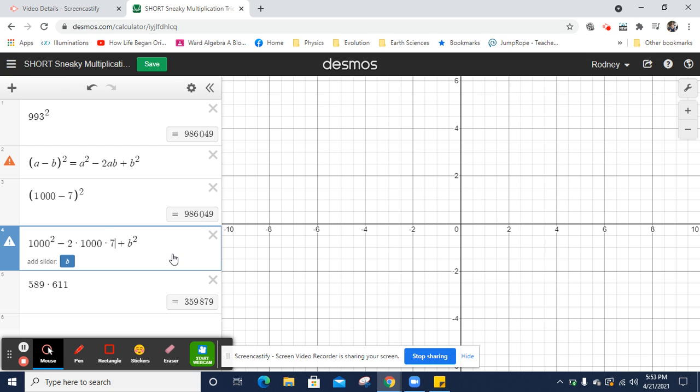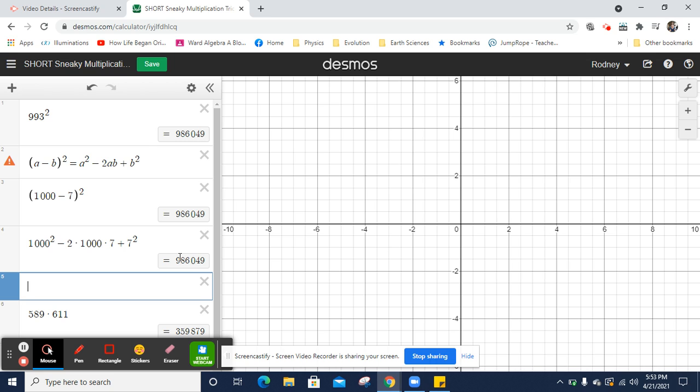So that'll be a 7, and that'll also be a 7. And now I have the exact same answer popping up here, but I can just work this all out. 1,000 squared is 1,000,000. 1 followed by 6 zeros. 1, 2, 3, 4, 5, 6. I'm going to subtract 2 times 1,000 times 7, which will be subtracting 14,000. And then I'm going to add 49.